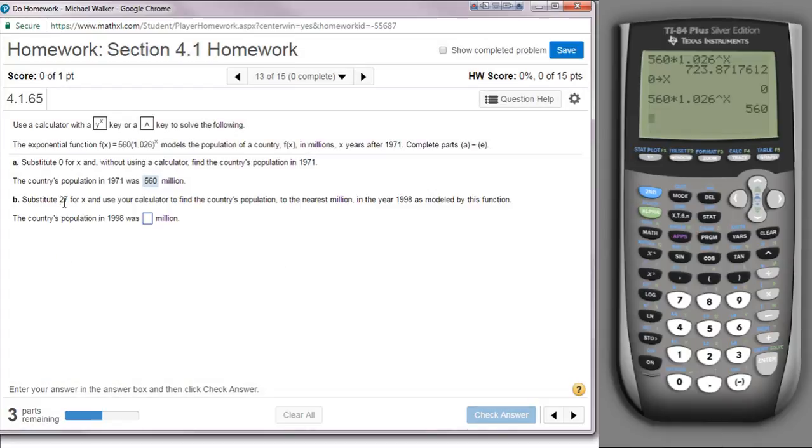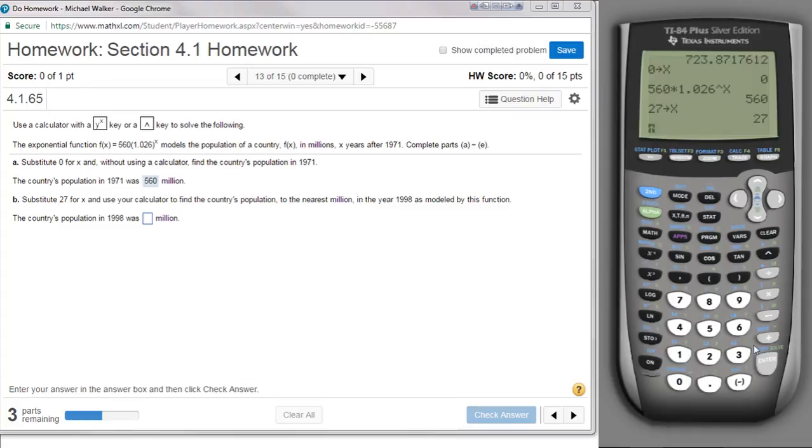In the next part, we want to substitute 27 for x and use our calculator to find the population to the nearest million. So I'm going to take 27 and store that for x, then hit enter.